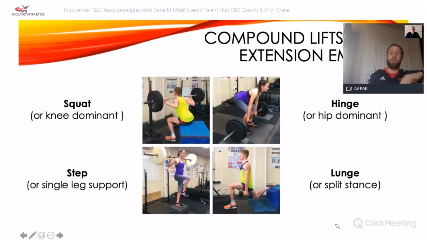I'm not suggesting you need to do all four, but these will feature in my programs at some point in the training cycle. Sometimes all four patterns, maybe in the winter, and as we get to pre-season and in season, I might take a few out, depending on what that athlete needs.